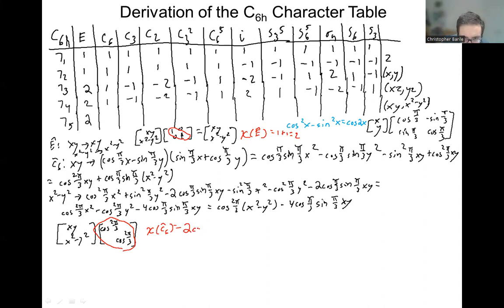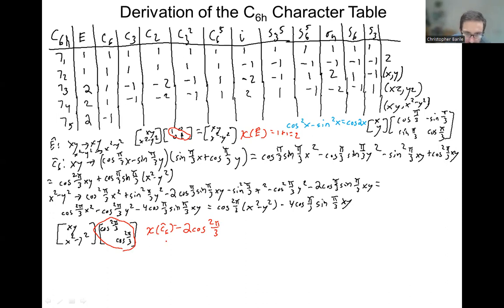Which is 2 cosine 2 pi over 3. And 2 pi over 3 is 120 degrees, and so that cosine is -1/2. So we're going to get a value of -1 here. So different from what we got for gamma 3 and gamma 4.